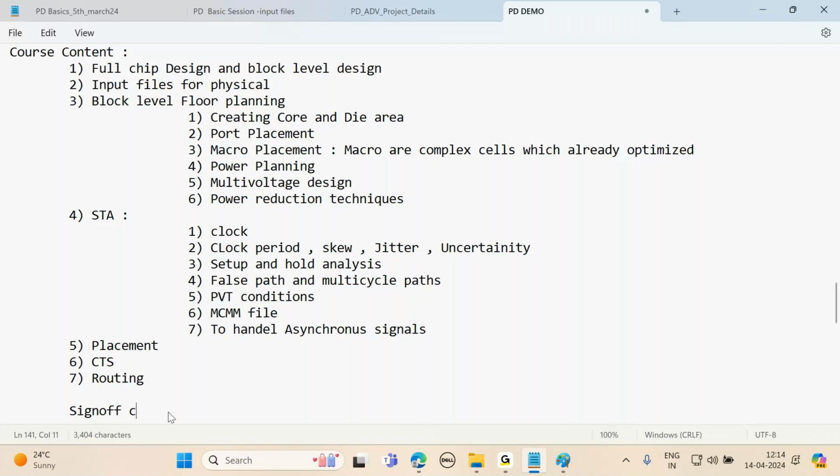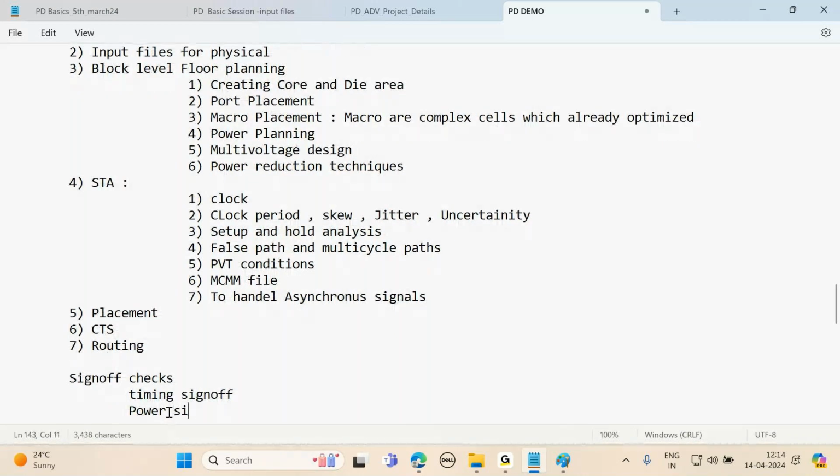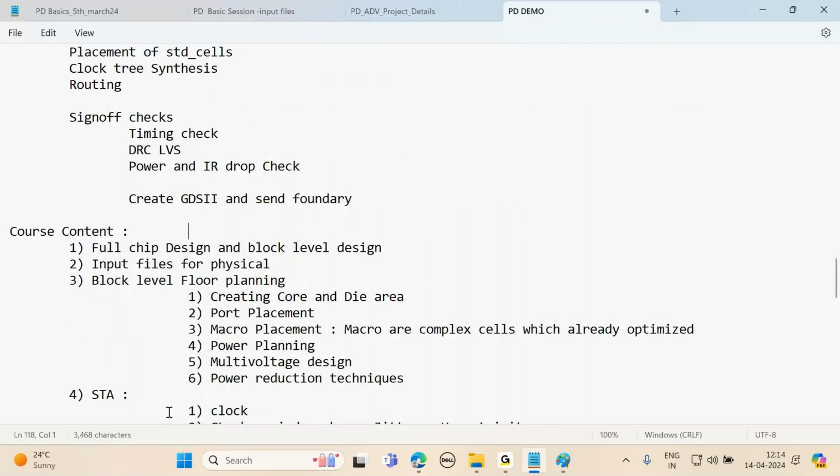There are three types of sign-off checks: one is timing sign-off, power sign-off, and next is physical verification. So this is what we cover in our course.